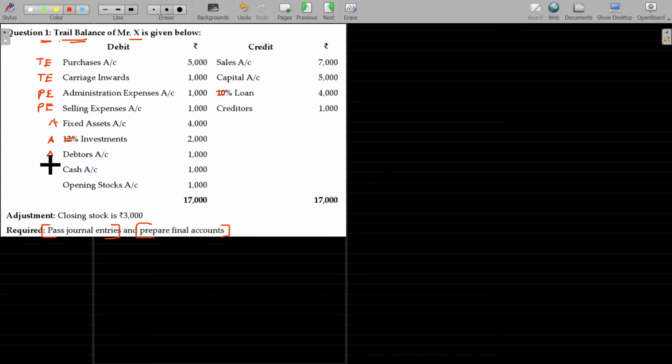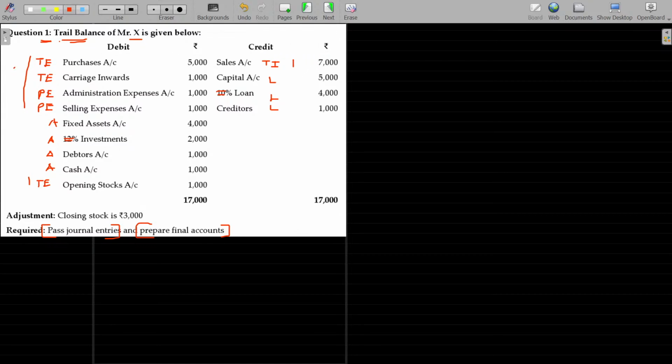Debtors asset, cash assets. Opening stock, where will it go? Trading expenses. Sales, trading income. Capital, liabilities. Loan liability, creditors liability. Is that okay? So we can pass the transfer entry only for what? These items we need to pass the transfer entry.